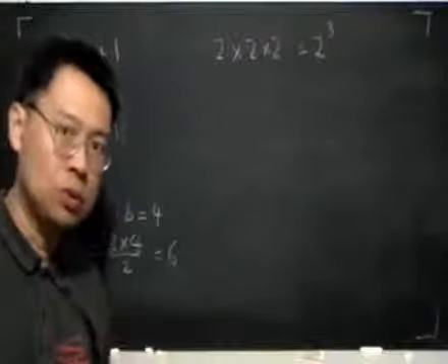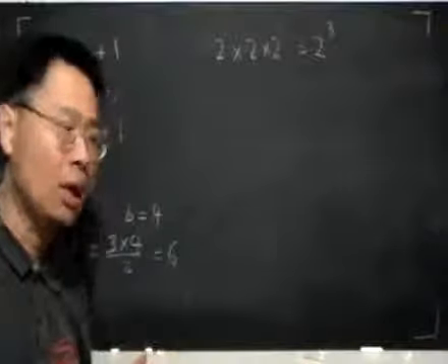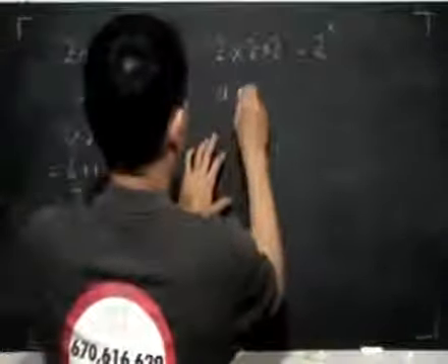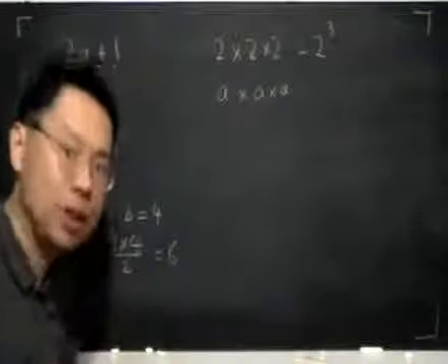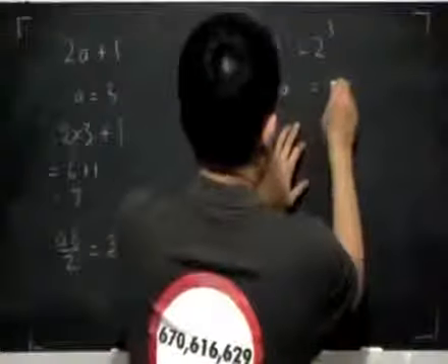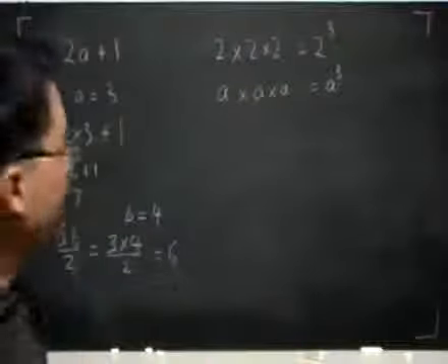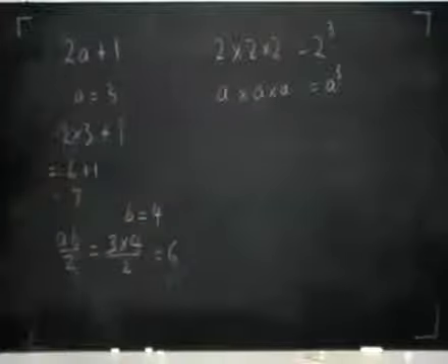We can do the same in algebra if instead we have a symbol, say a, and we multiply this by a and by a. So a times a times a, I can write this as a to the power of 3. So that's powers in algebra.